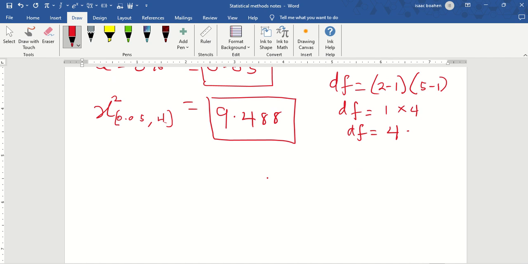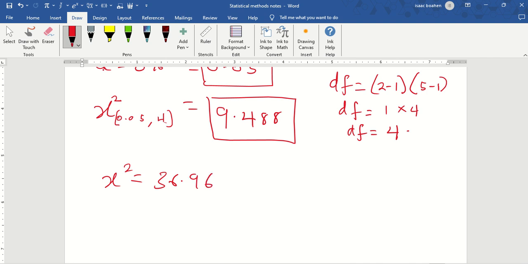Now, we saw that our calculated test statistic, the chi-squared calculated, was 36.96.